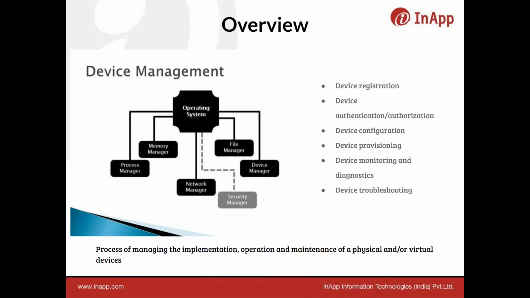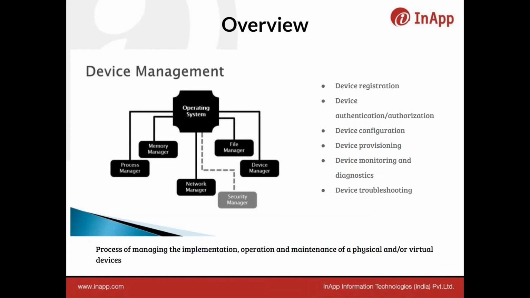So device management includes device registration, authentication, and authorization as well, right? What can this particular device do? You are managing each individual device separately, out of those millions of devices out there. It also includes configuration of the device, provisioning, monitoring and diagnosis, what that device actually does. It collects information, and if anything happens to that device, you need to troubleshoot as well.